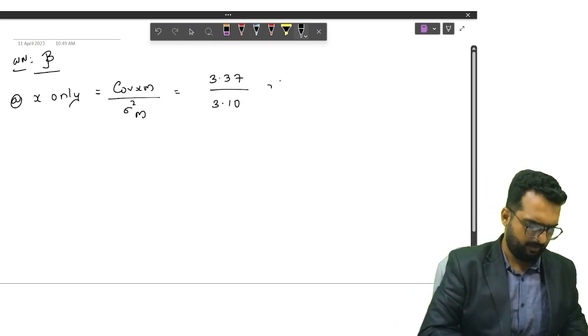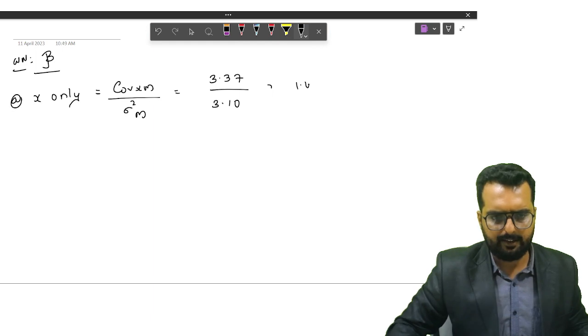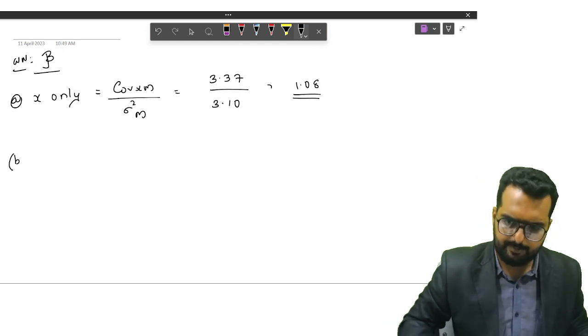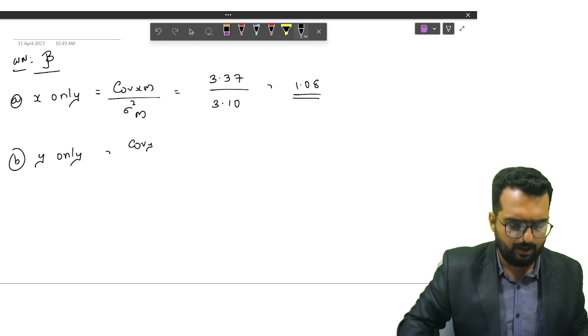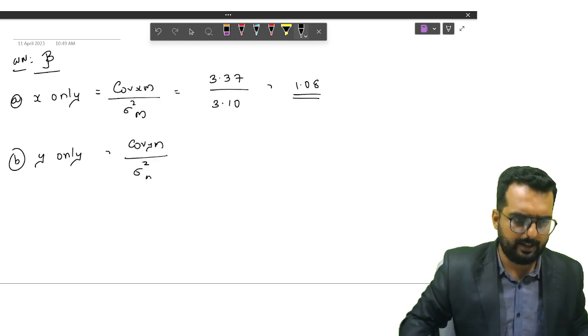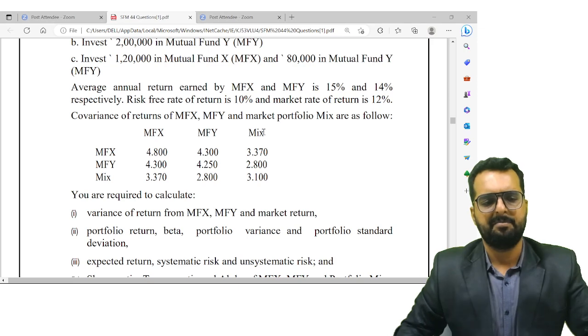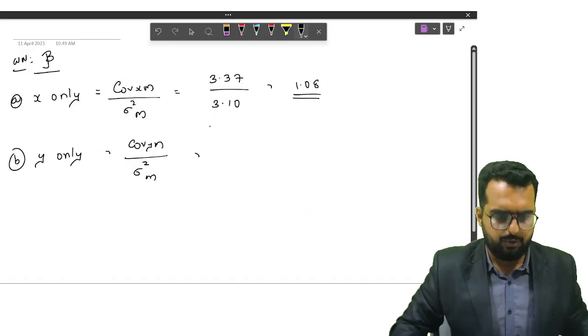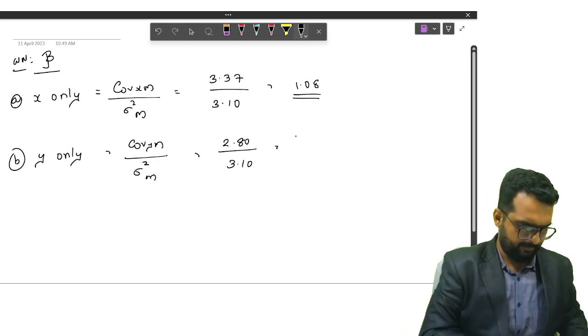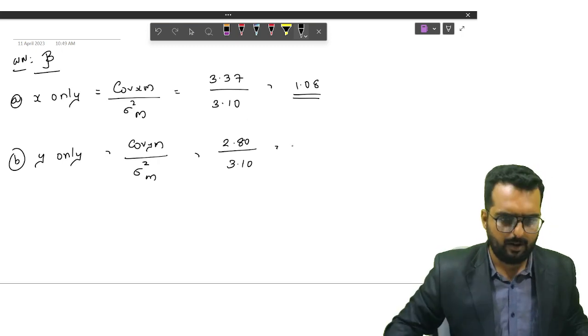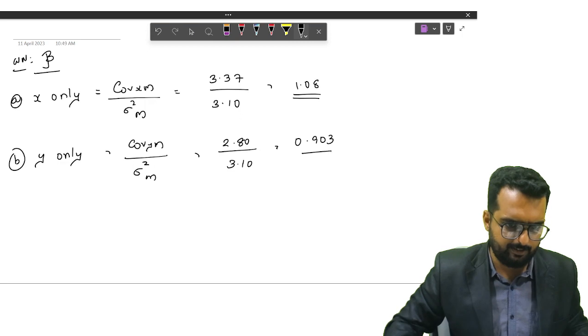Do you get the answer as 1.08? Correct? Next one, Y only. What will be the formula for that? Covariance YM divided by variance of M. Do you get the answer as 0.903?